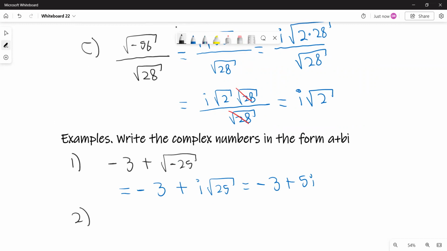Number 2. When we solve quadratic equations, we're going to see things like this, like 12 minus the square root of -48, divided by 8.